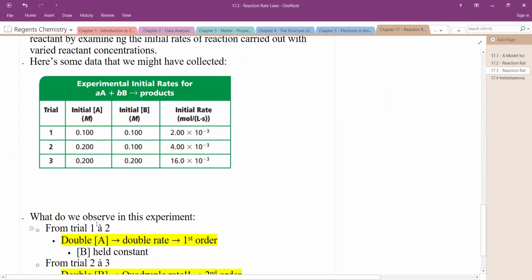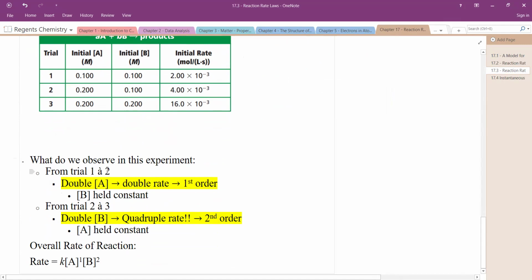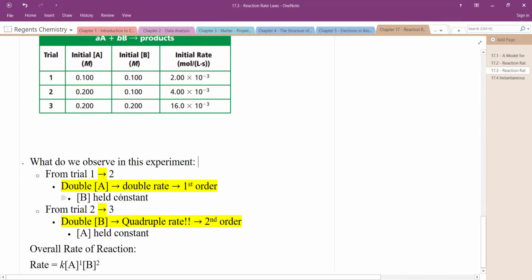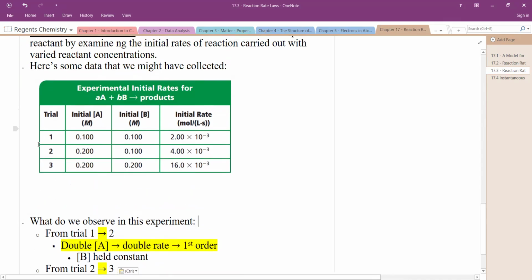Well, if I look at my trials, I don't know why there's an A with an accent, but I'll replace that with reaction arrows. So let's say that I'm looking at trial 1 to trial 2. Well, some important things to note is that my concentration of B was not changed.